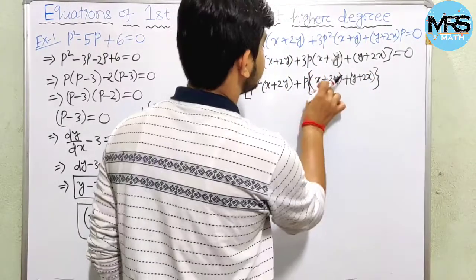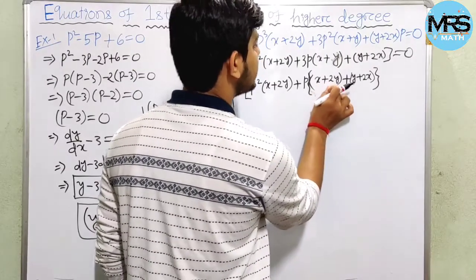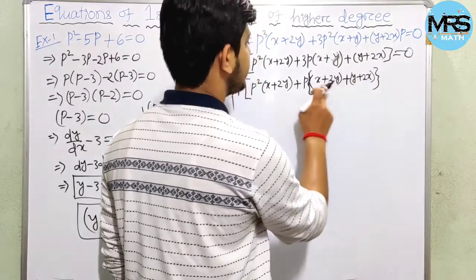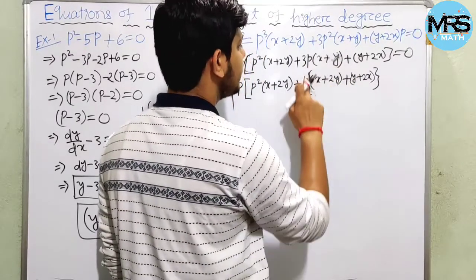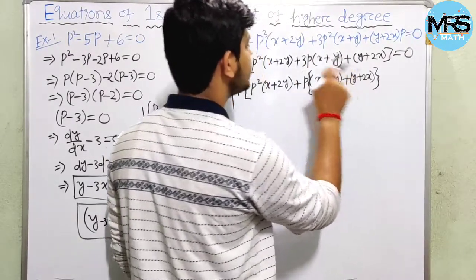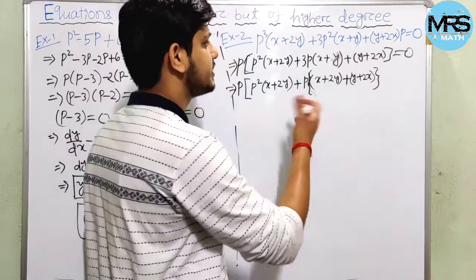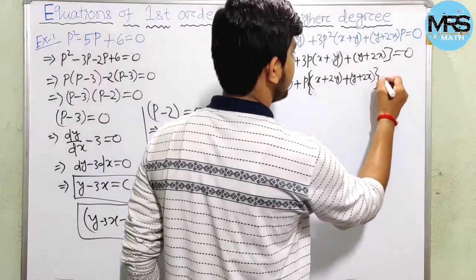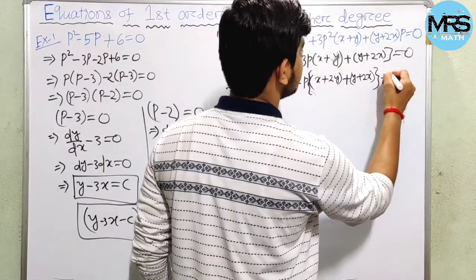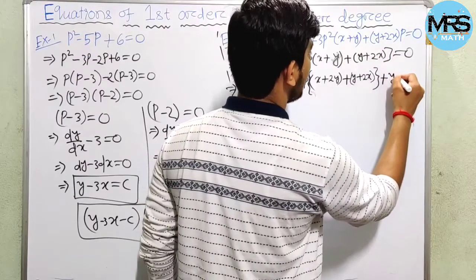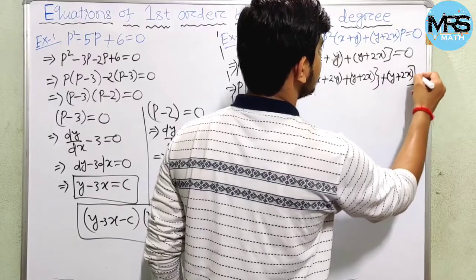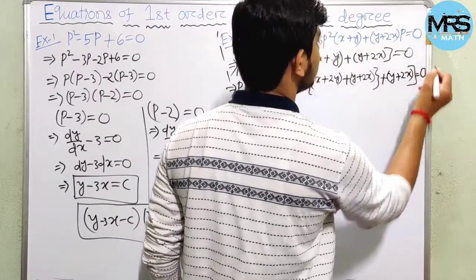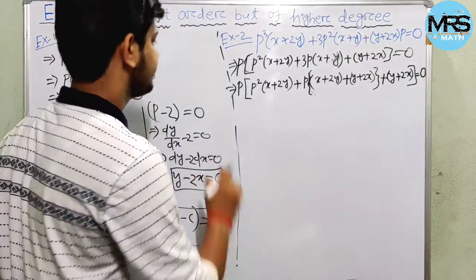Just distributed as x plus 2y, y plus 2x. That means x plus 2x is our 3x, and 2y plus y is our 3y. I just distributed to factorize. Plus this term, y plus 2x, which is equal to 0.